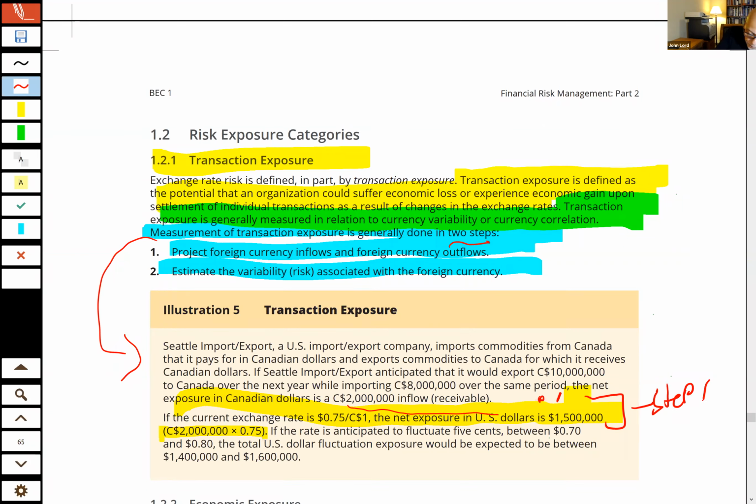And then if the rate is anticipated to fluctuate by 5 cents between 0.75 and 0.80, the total annual dollar exposure would be expected to be between 1.5 and 1.6 million. And so that just gives us a range. That would be estimating the variability. That would be step 2.